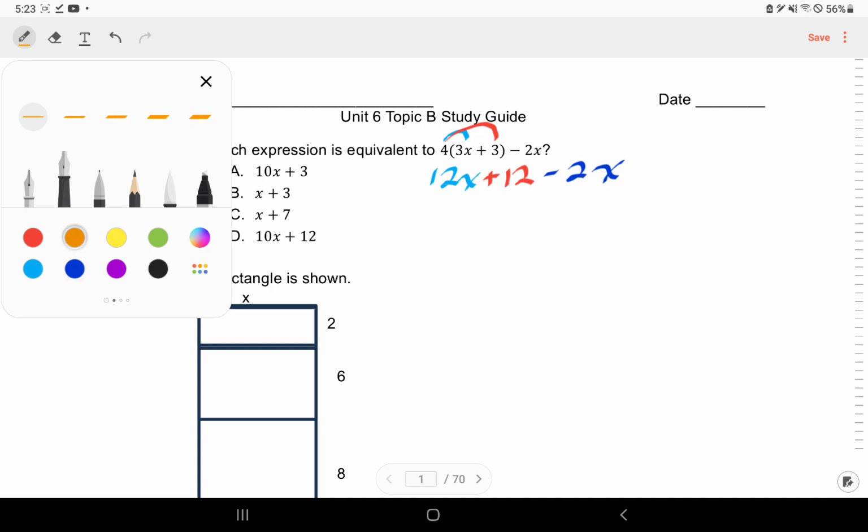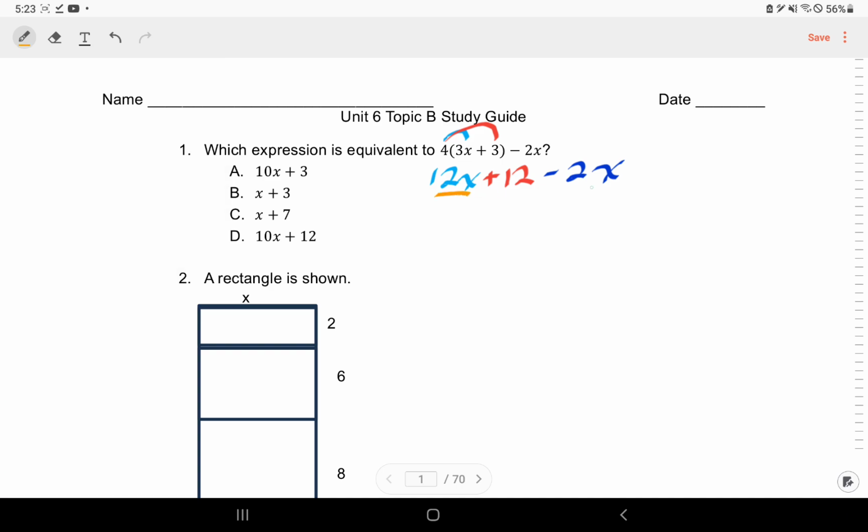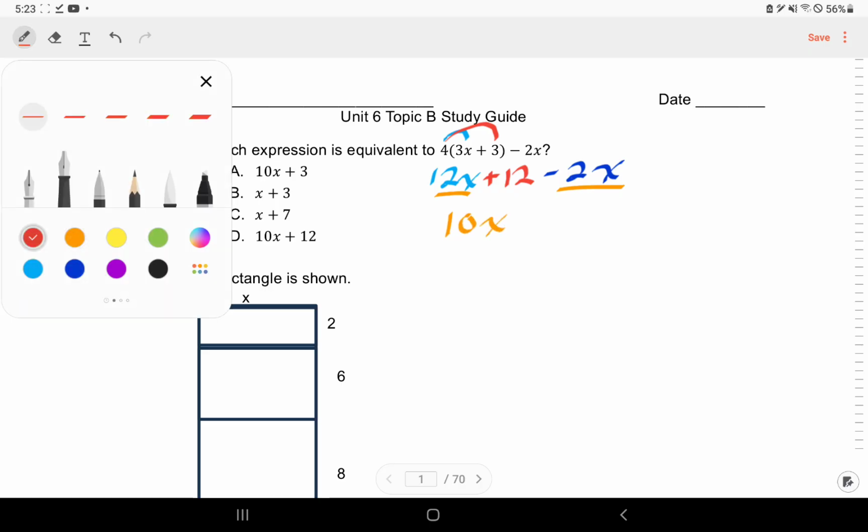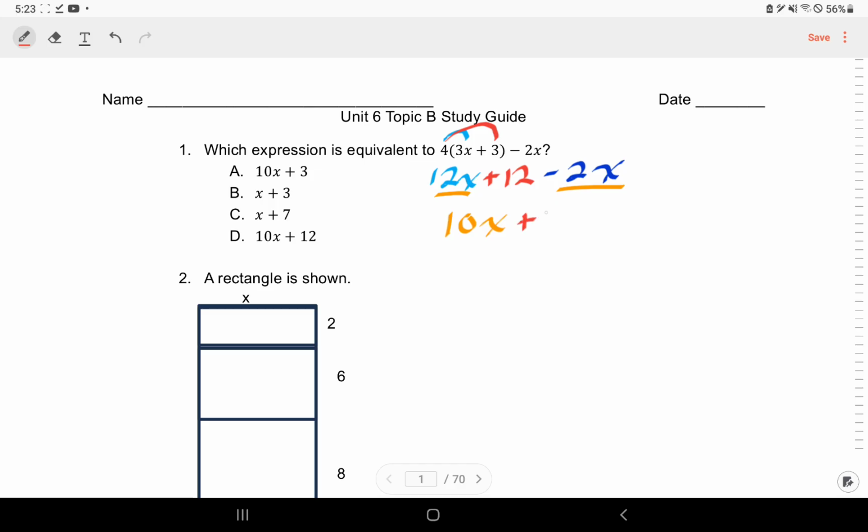Well, 12x minus 2x is 10x. Bring down the plus 12. And so there's our answer. 10x plus 12. And so that's D.